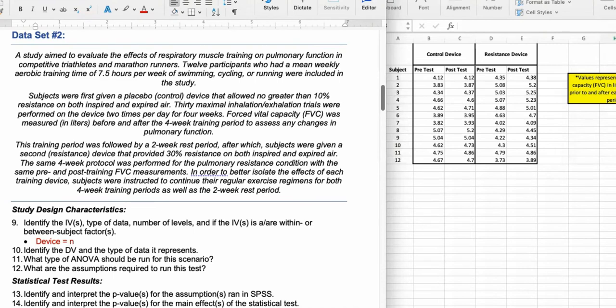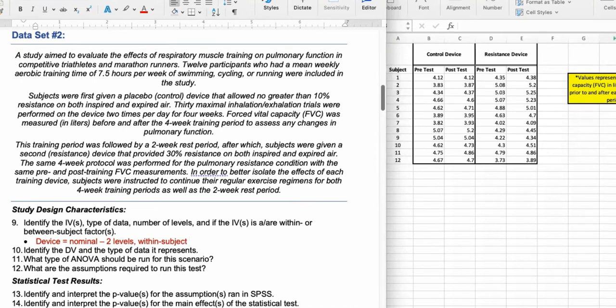But yes, it is nominal. And we've got 2 levels, right? Placebo and resistance. And then this would be considered a within subject factor because people are using both the placebo device as well as the resistance device.